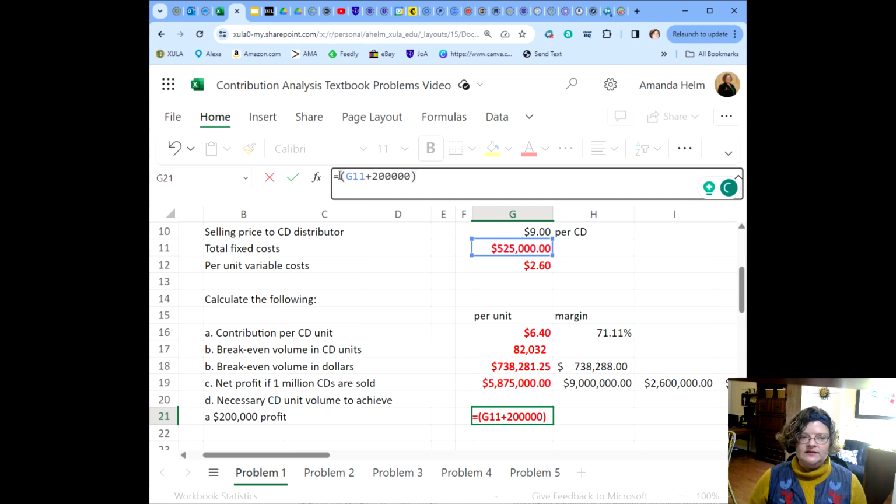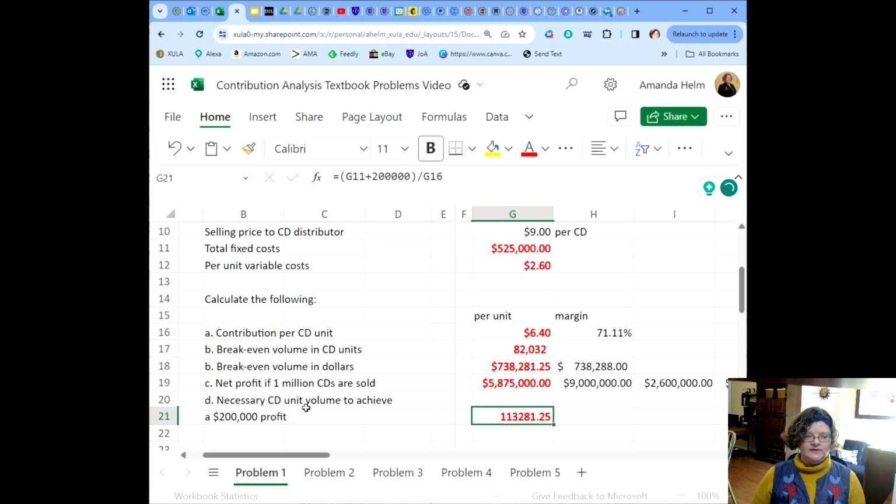I'm putting parentheses around that because otherwise Excel won't know that it needs to do this part first. We first add together our fixed costs and our target profit to get our total financial goal, and then I divide that by my per unit contribution. I'm using the per unit contribution because they want the answer in units, not dollars. If they asked for dollars, I would have used the contribution margin.